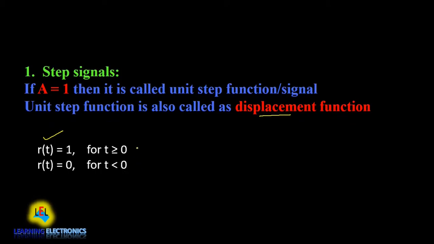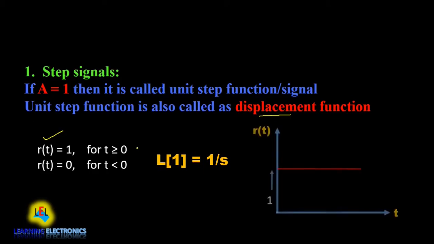So this is the mathematical representation, and this is the graphical representation of the unit step signal. Here you can see the level of this signal is changing from 0 to 1 in 0 time, that is, at t is equal to 0 the level of the unit step signal is changing from 0 to 1, and it will remain at 1 for t greater than 0 also.